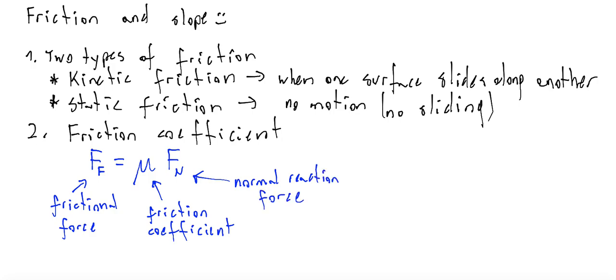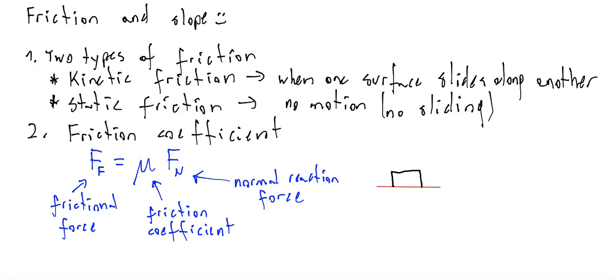Okay, remember, if the surface is flat, the normal reaction force is equal to the gravitational force, yes? Do you remember last lesson we were talking about slope? Normal reaction force depends on the cosine of the angle which the surface makes with a horizontal line.